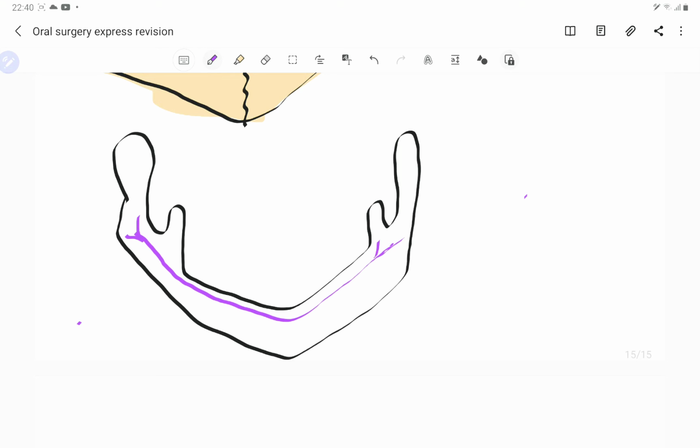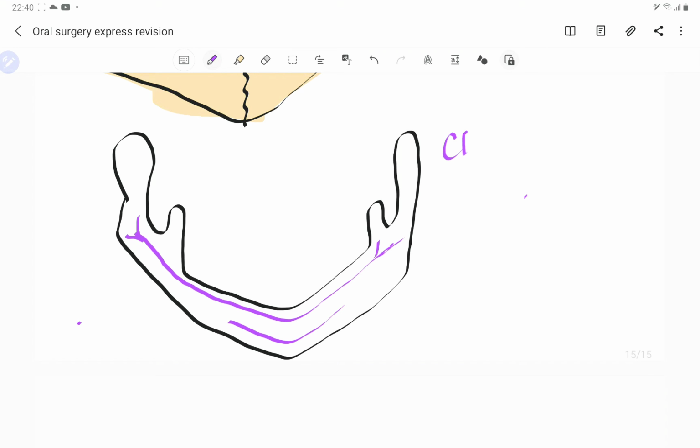We have one more Champy's line in the mandible, present in the anterior region towards the inferior border, the base of the mandible. It extends only in the anterior region. Whenever you are placing plates, it is very easy to put them at the point wherein there is bone formation.